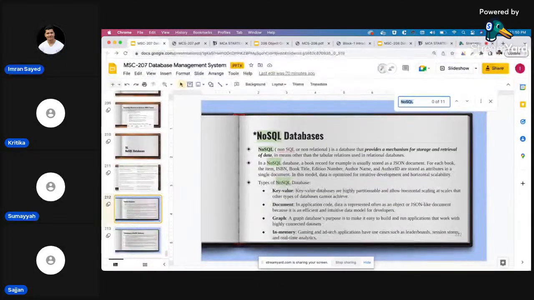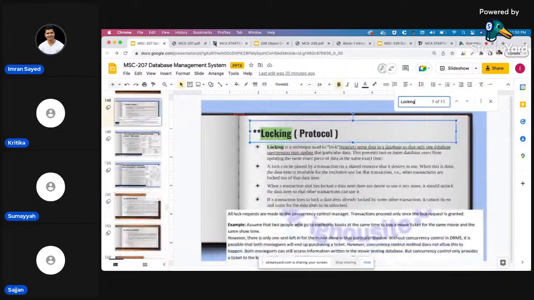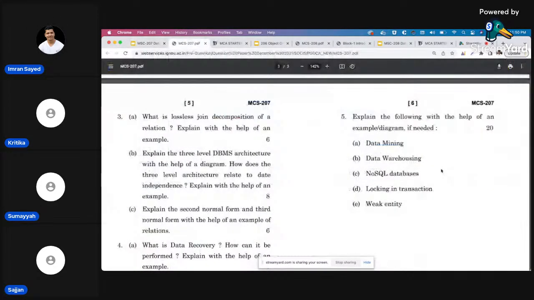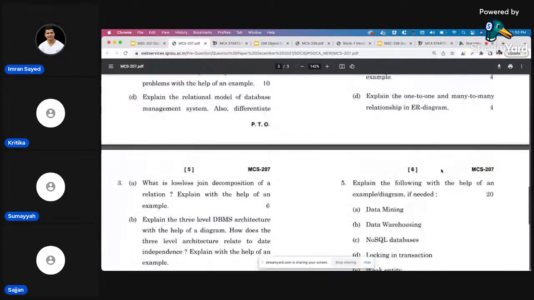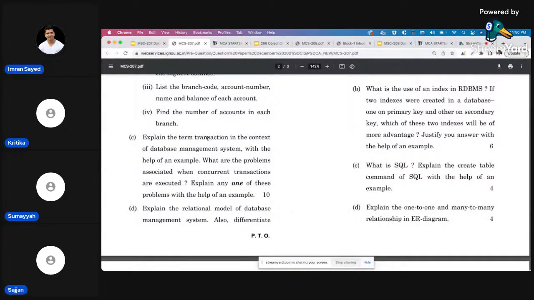Okay, locking. I'll explain locking in simple words, and then we'll look at that. We read about the problem of concurrent transactions. We understood what a transaction is: a single unit of work for a database.